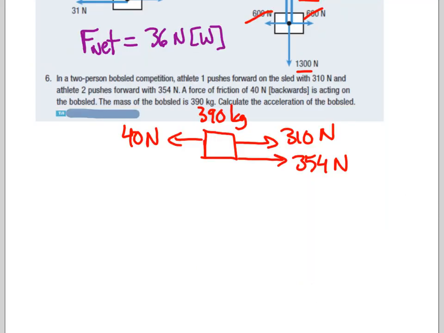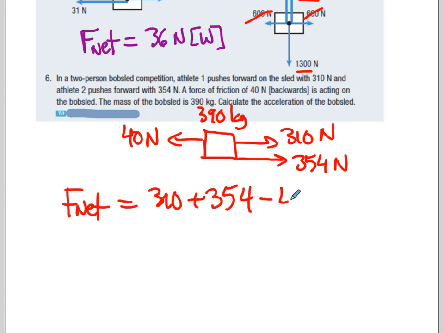So we would start with an F net statement. We would have 310 plus 354 minus 40, which is 624. I can replace F net with mass times acceleration.